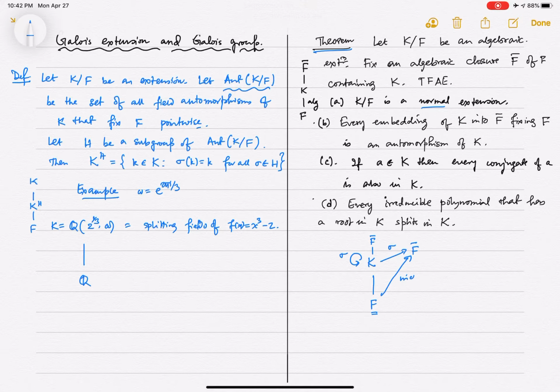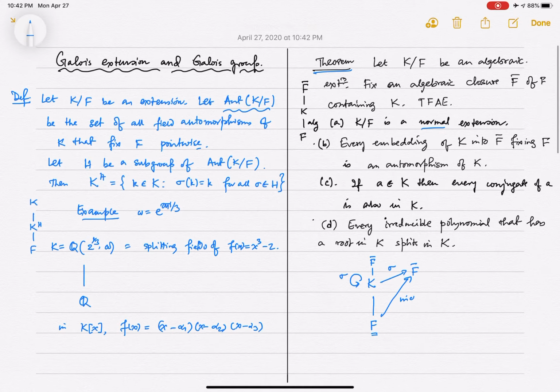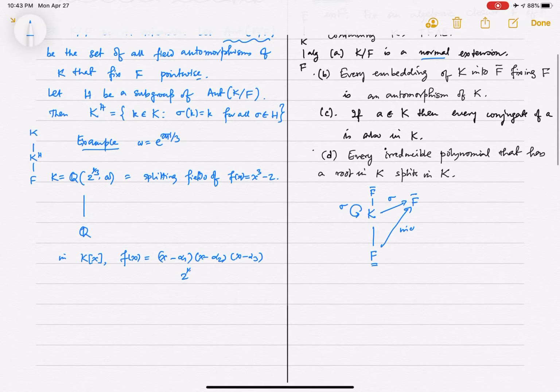And up here in K[x], this polynomial factors as (x minus alpha 1)(x minus alpha 2)(x minus alpha 3), where these are 2 to the 1/3, 2 to the 1/3 omega, 2 to the 1/3 omega squared. That's alpha 1, alpha 2, alpha 3, the three roots of this equation.